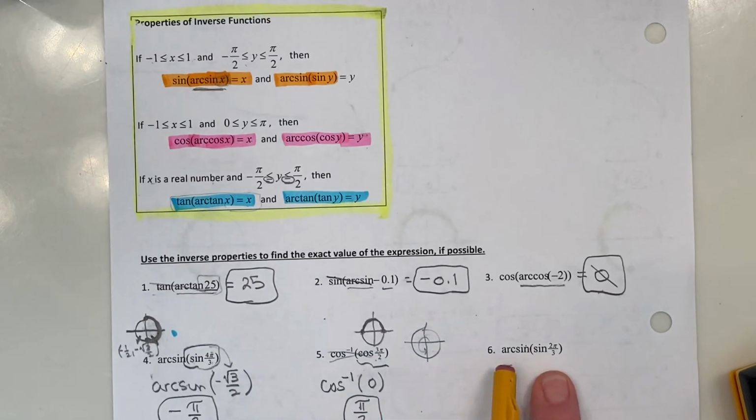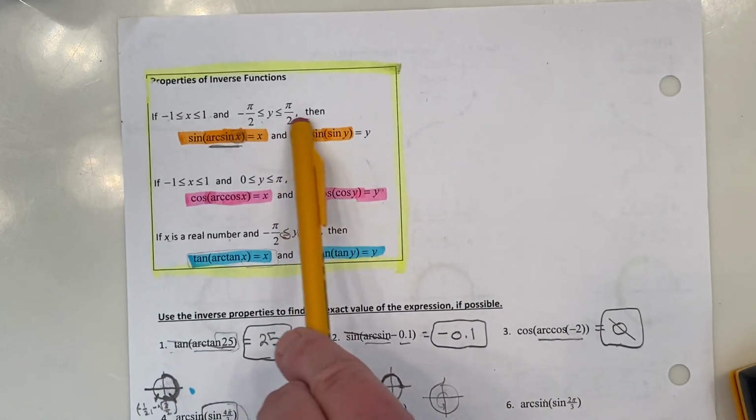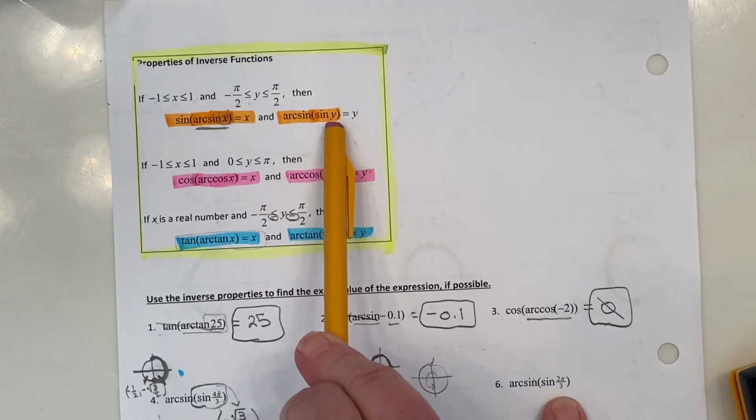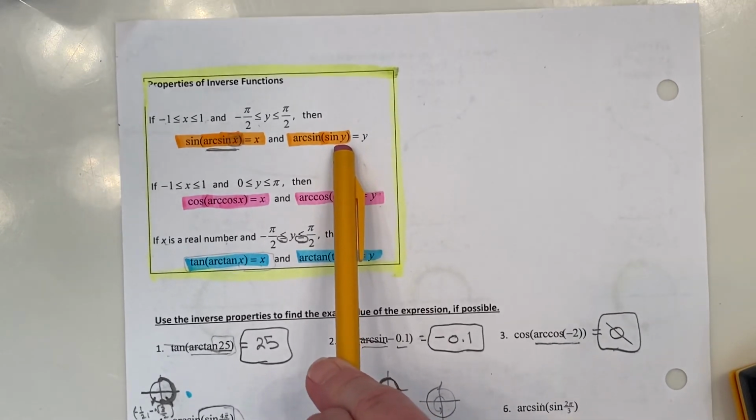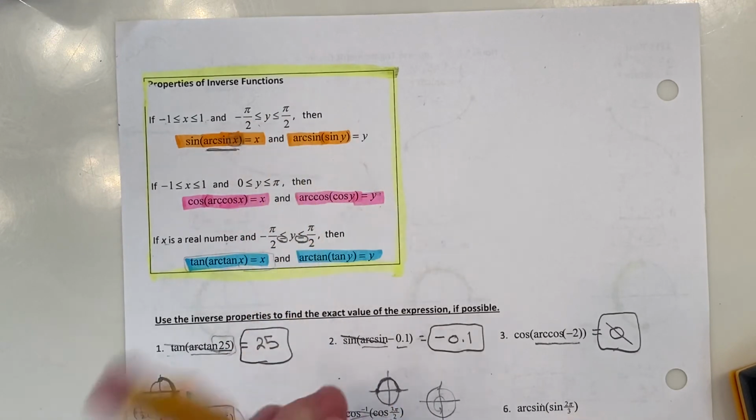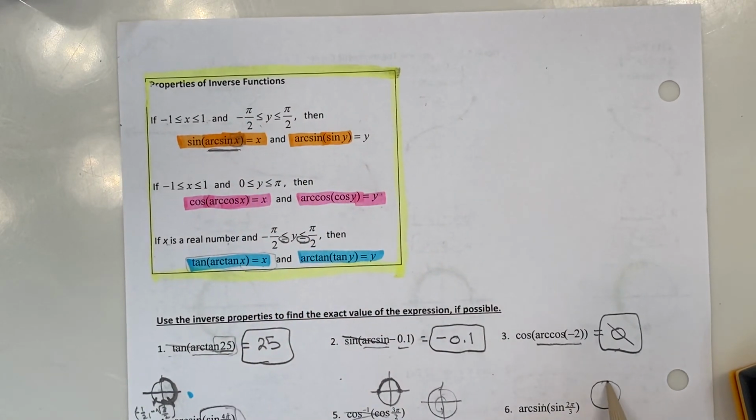All right, let's look at this problem. We're back to sine. Not the arc sine, but just the regular sine is on the inside function. So we're talking about this property. Okay, so y, which is 2 pi over 3 in my problem, does not fit in quadrant 1 or 4. So let's think about where 2 pi over 3 is. 2 pi over 3 is right here. That's not part of our restricted arc sine range.